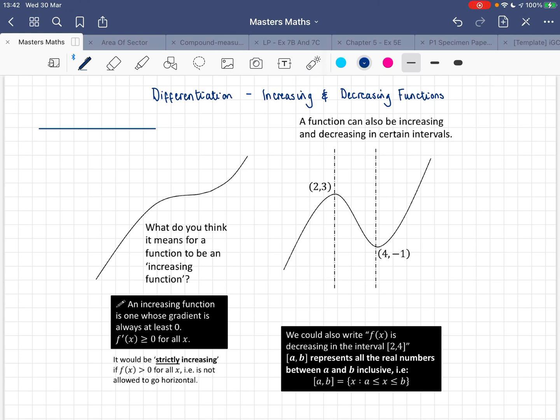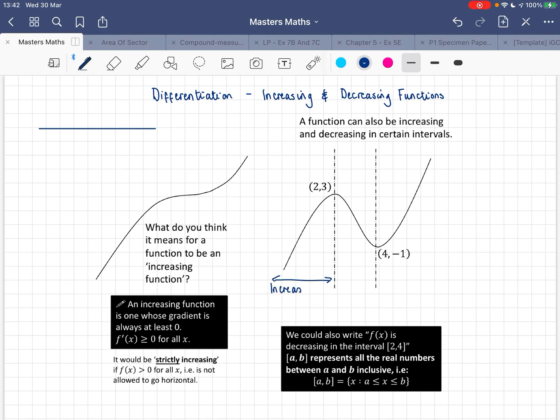Depending on the type of function you are looking at, you could have something like this, which is a cubic graph, which is increasing and decreasing in certain intervals. First we have this part of the graph, which is increasing.